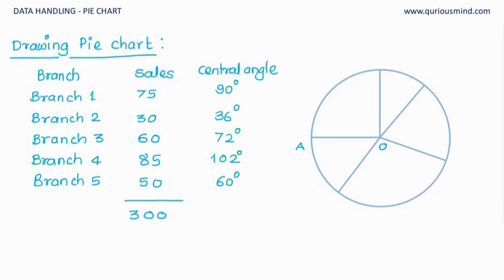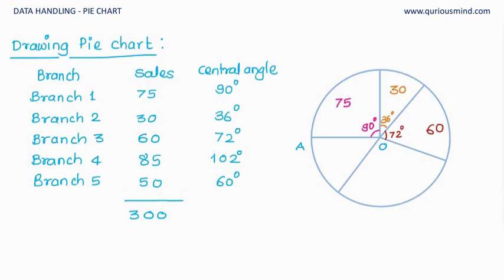And now each of these will be colored or shaded differently. For example, the first angle here is 90 degrees and the value which we had was 75. The second angle was 36 degrees and the value was 30. The third angle was 72 degrees and the value was 60.